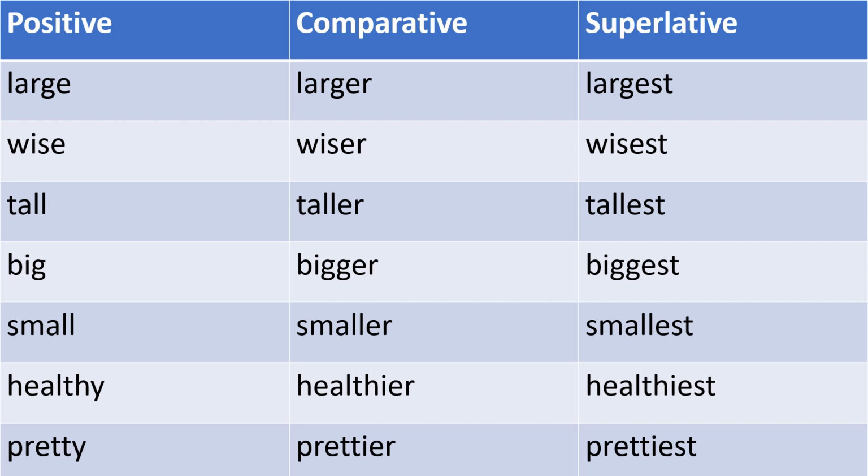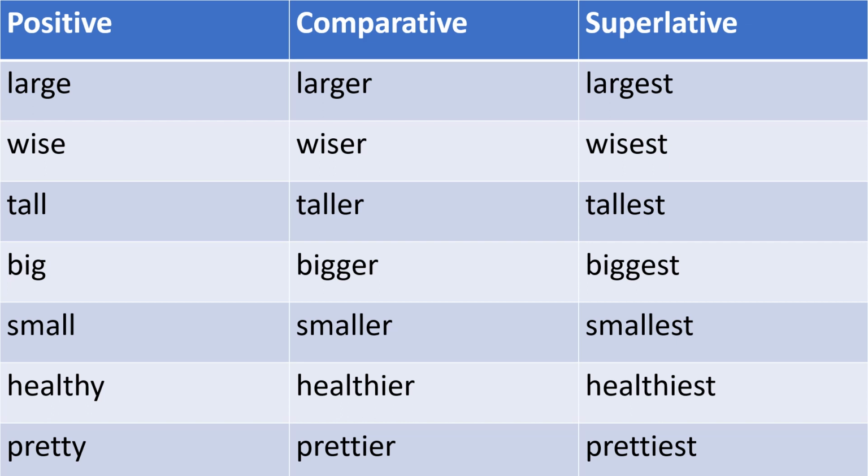Okay, we have here the three degrees of adjectives: the positive, comparative, and superlative. In the first two examples, large and wise, R was added in comparative. Then in superlative, ST was added.